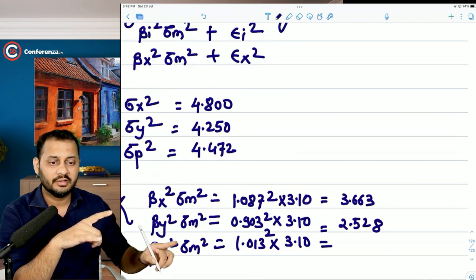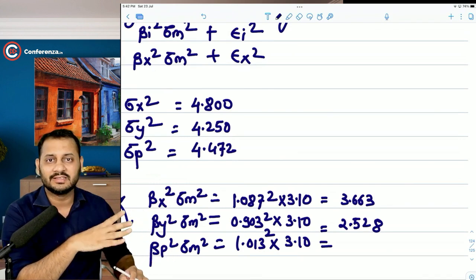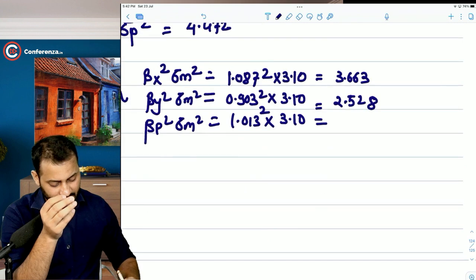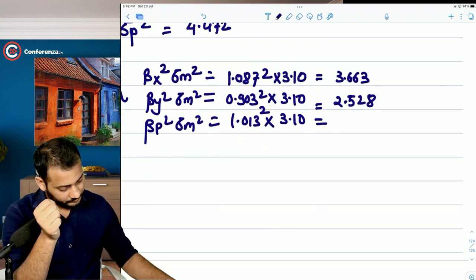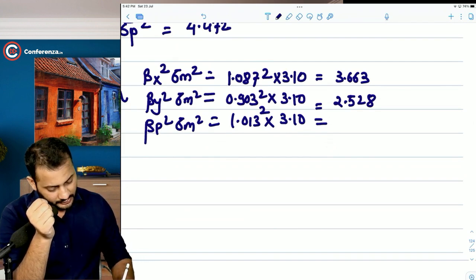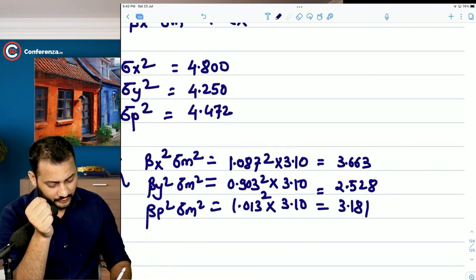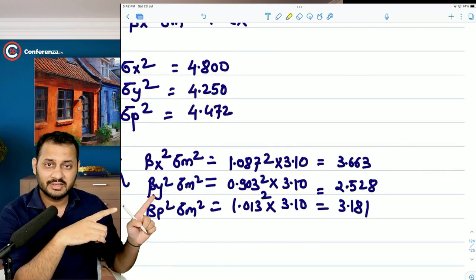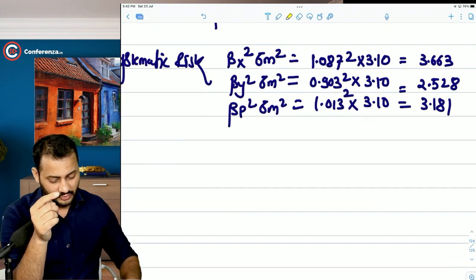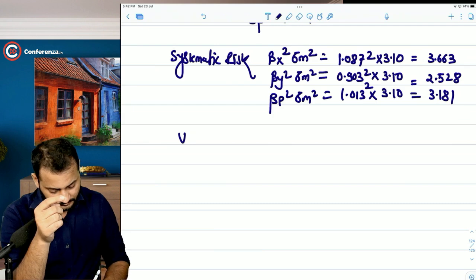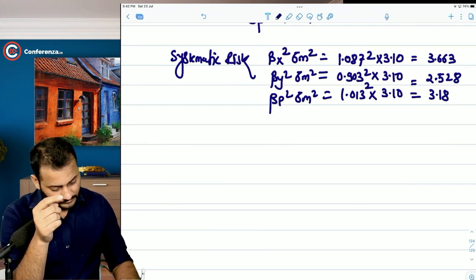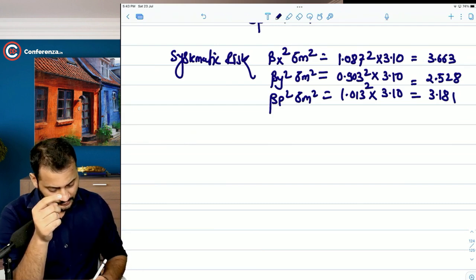So the systematic risk has to be stopped at the 3 decimals only, so that we get a proper answer. 2.528, 1.013 square into 3.1, so 3.181. Now what all you have to do is you have to deduct this systematic risk from the total risk to arrive at the unsystematic part.